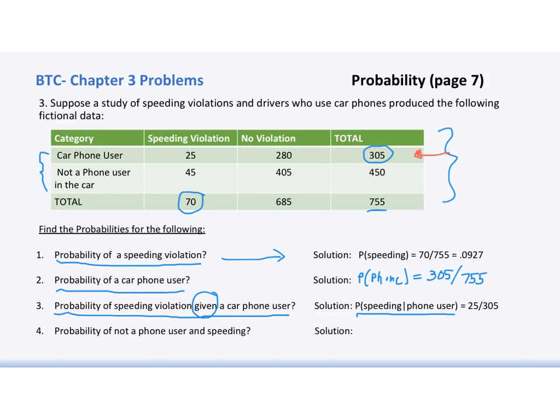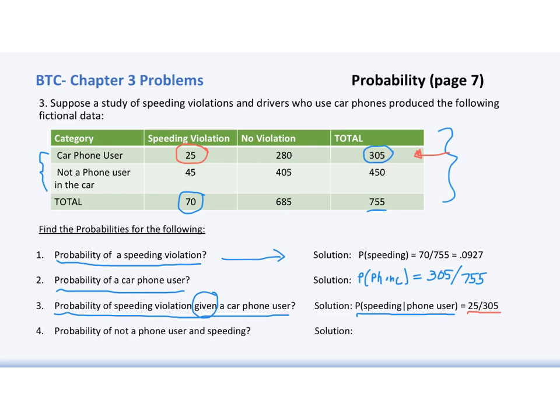And we look at how many of those were speeding violations. We have 25. So we end up with 25 divided by 305. The given tells us to separate the population based on the given in the problem. So that's why we separated out car users from non-car users, or phone users in this case.